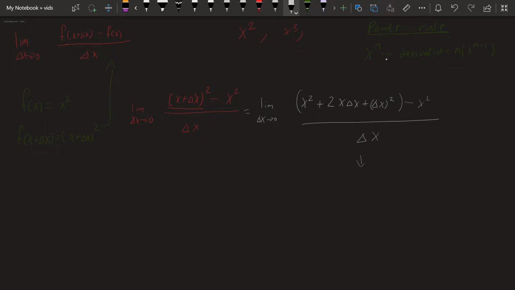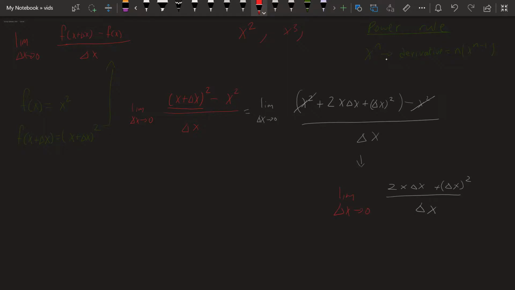So let's simplify this. X squared minus x squared equals 0, so this will cancel out with this, right? So we have 2x delta x plus delta x all squared over delta x, and we say the limit as delta x goes to 0.